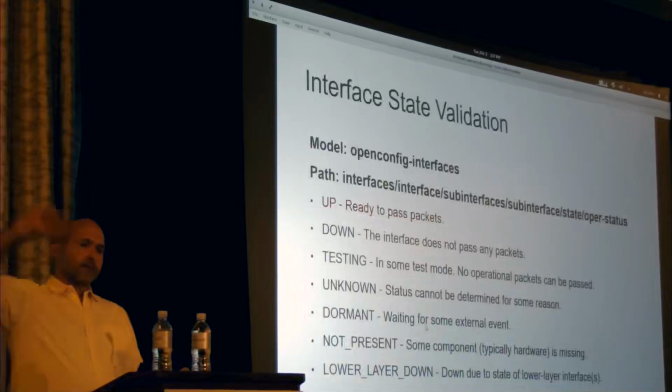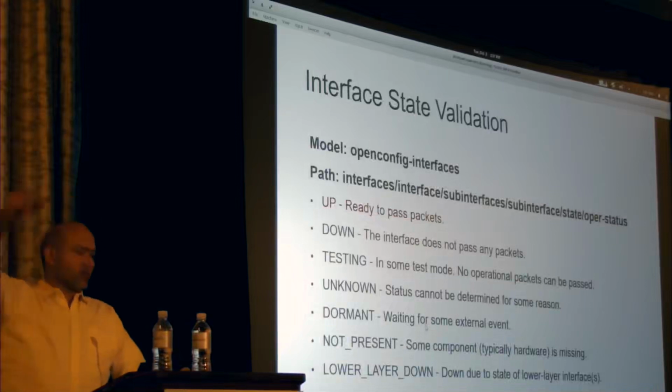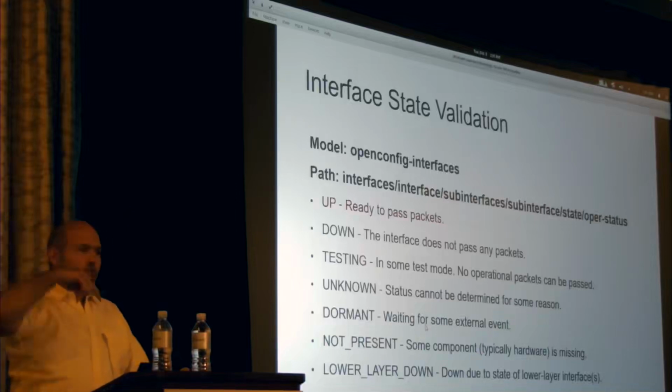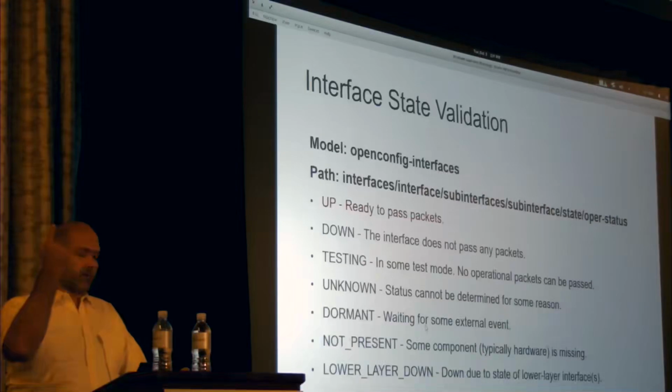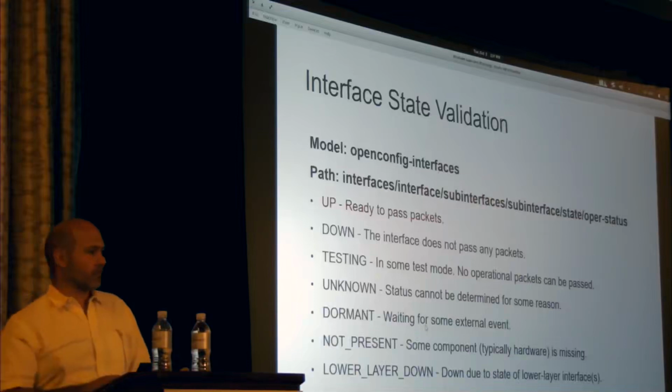I said we're going to validate. We need to validate the state, because in principle I don't want to configure my BGP if my interface didn't come up. So the device is going to be streaming data back to me about all my interfaces. I'm using a very simple validation for my demo here.